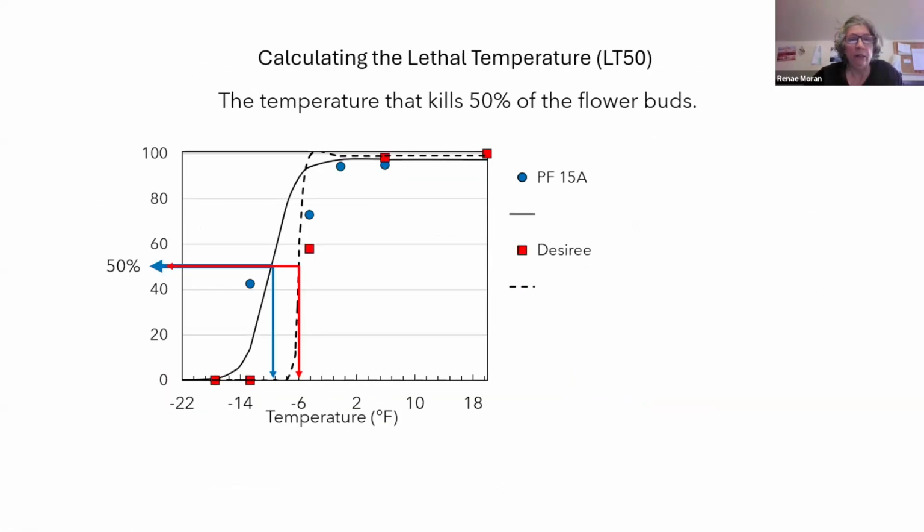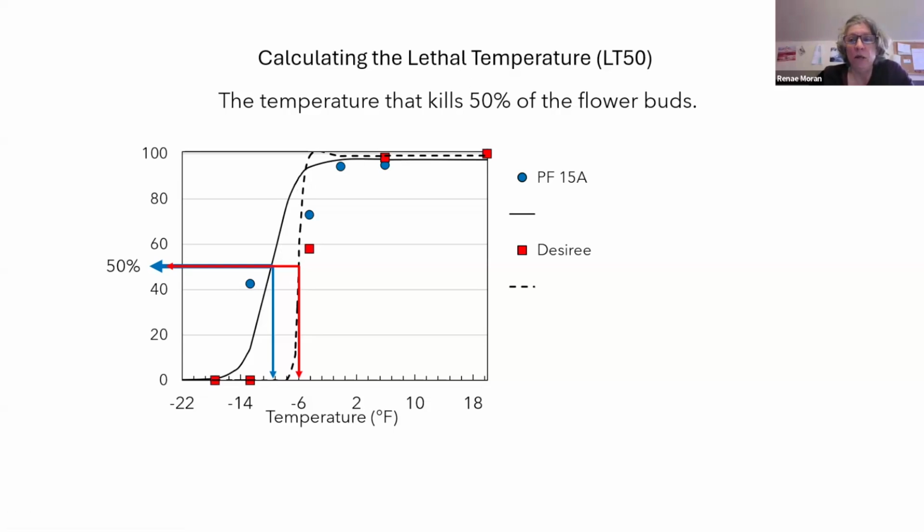We also like to calculate the lethal temperature for 50% of the flower buds, and we call this the LT50. And we extrapolate between the data points using a mathematical equation to precisely estimate the temperature that causes 50% bud death.